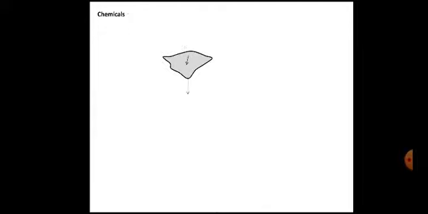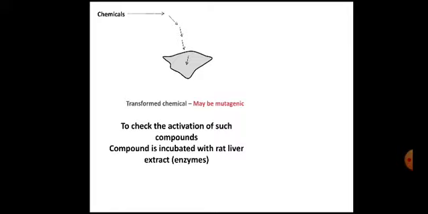It may happen that chemicals which are non-mutagenic, entering our body, are processed by these liver enzymes and may get transformed into mutagenic substances. So non-mutagenic substances may get converted to mutagenic substances due to these liver enzymes. To check the activation of such compounds, the compound is incubated with rat liver extract.